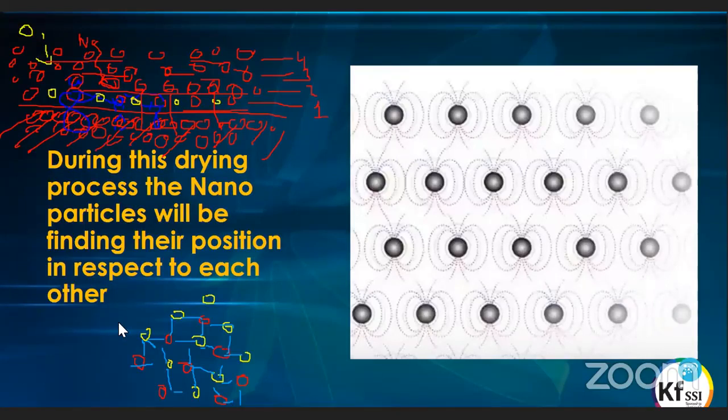So you get about 40, 50 thousands of layers when the color appears black. When you don't see a color change, it doesn't mean you have no nano layers. You have, but they are so thin that they are transparent.